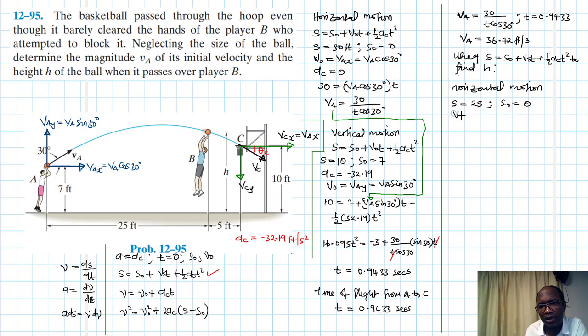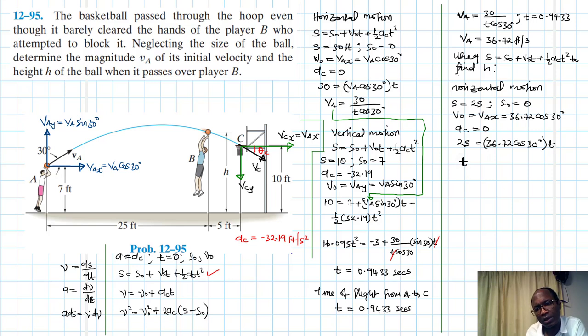And then we have V, which is just VAX, equal to 36.72 cos 30. Of course, AC is equal to 0. Therefore, this just gives us 25 equal to 36.72 cos 30 times T.